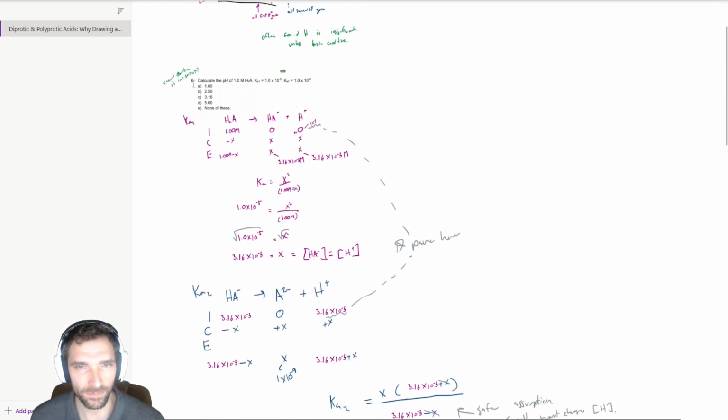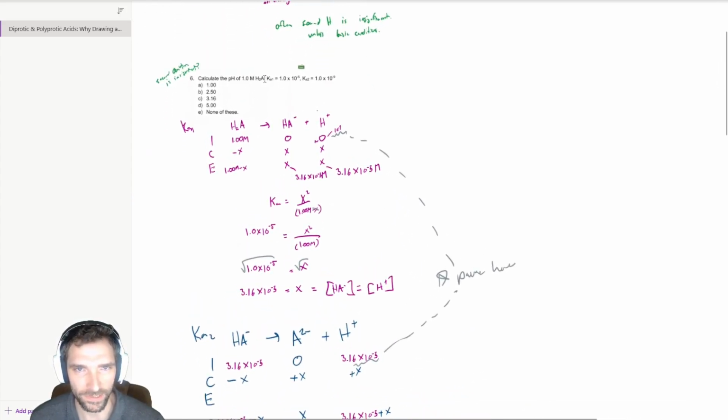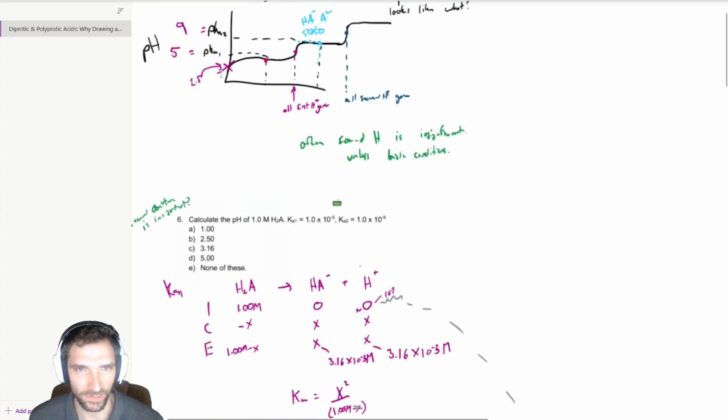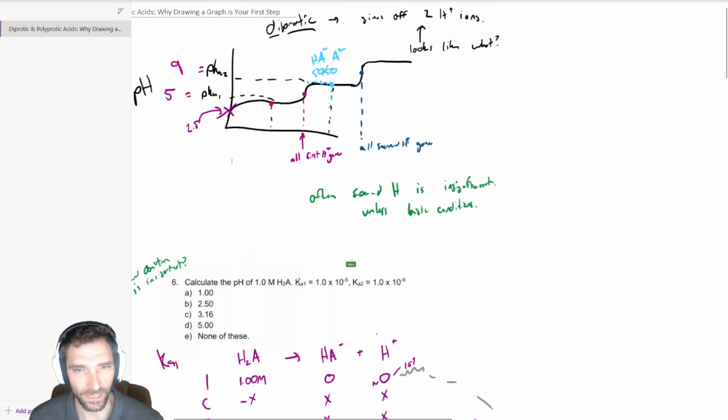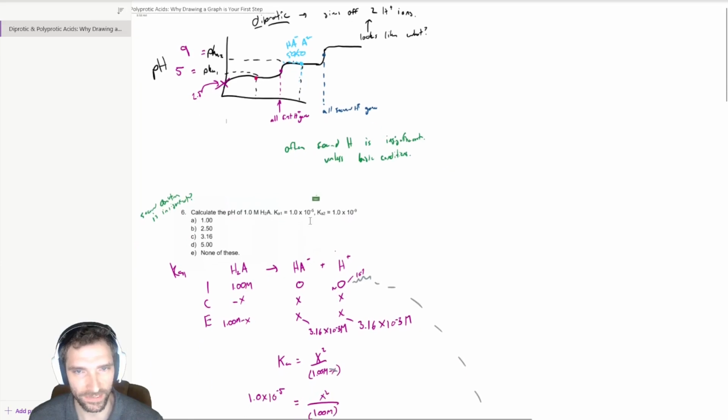But in this problem, they're just talking about the initial point of this acid dissociating and finding the pH. So that's kind of like X marks the spot here. If we look at the Ka values, I just took the negative log of them to get 5 and 9, and I was thinking through what that meant in terms of how big X should be.